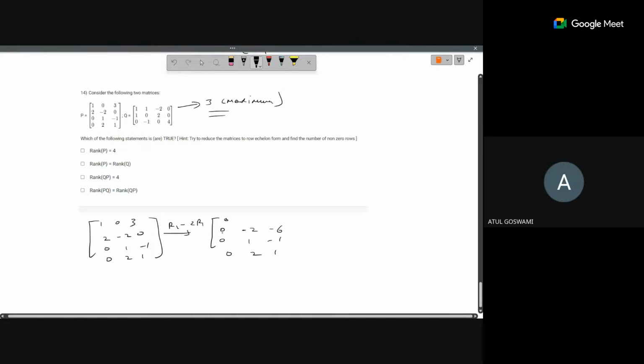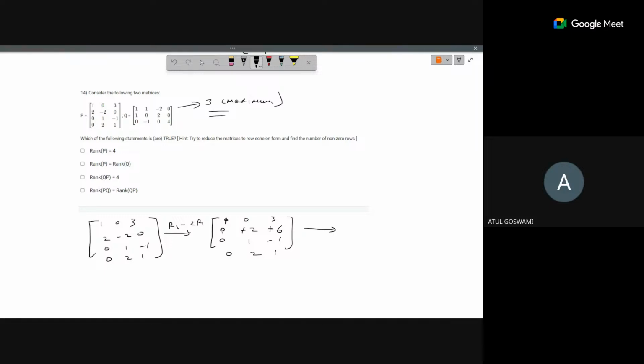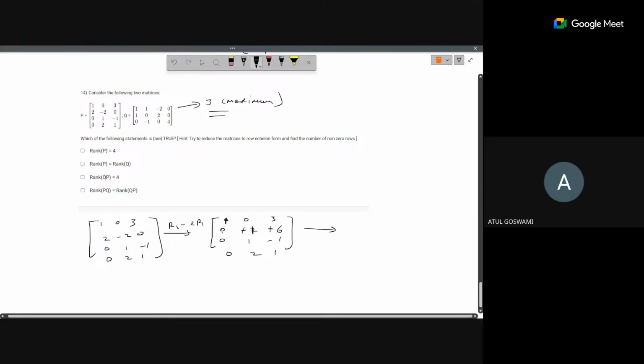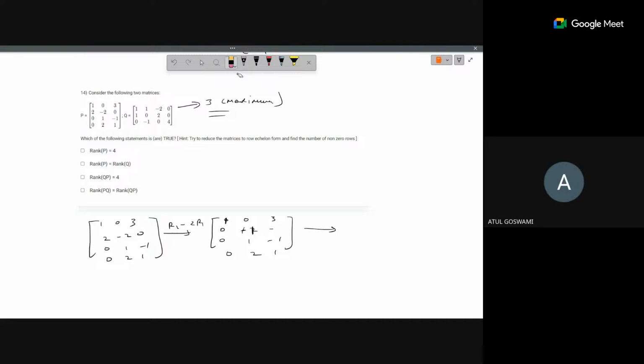The first row is 1 0 3. Then we multiply the second row by minus 1, and sorry, divide by 2. Then we get 1 and here we get 3. 1 3, right?